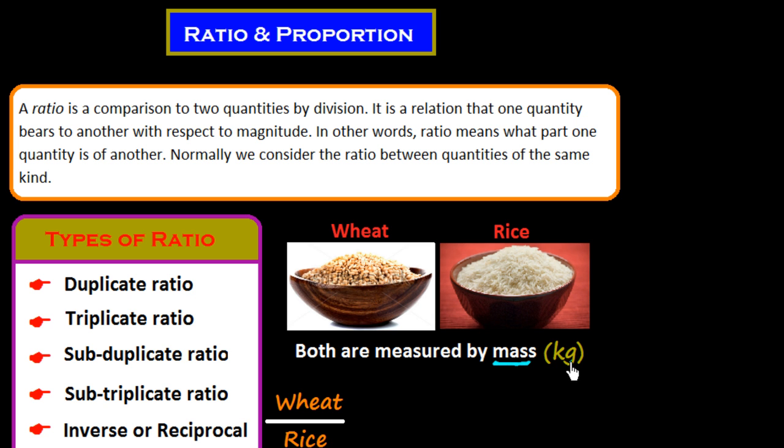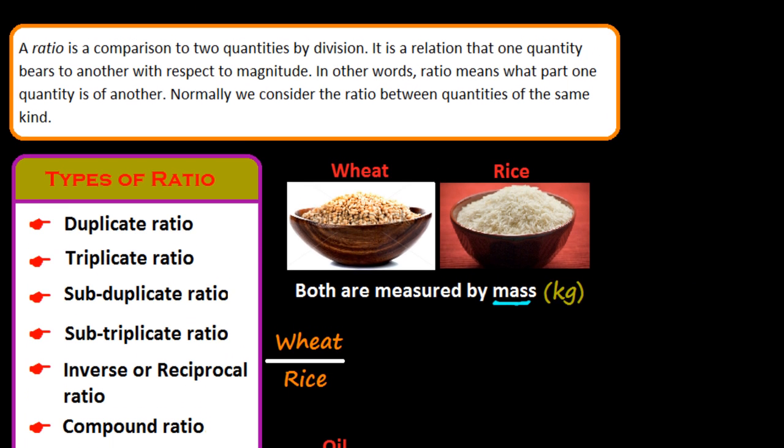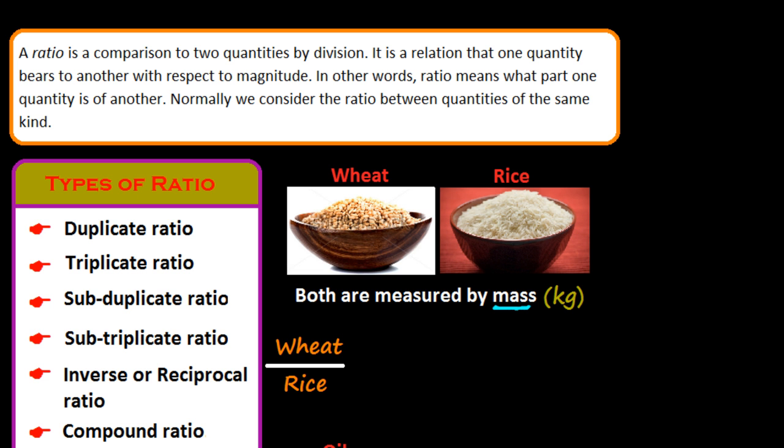Generally we measure wheat and rice in kg. So the unit should be the same. If we measure the wheat in kg, the rice must also be in kg. Rice should not be in gram or pound, it should be in kg.